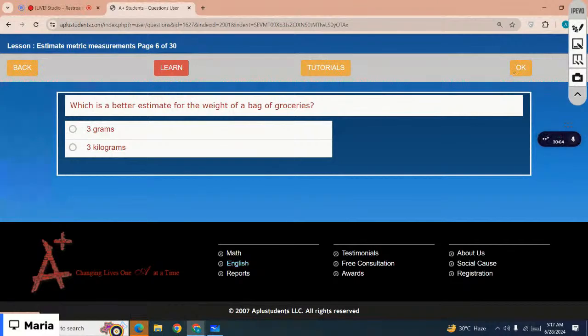Which is the correct option? The correct option is 3 kilograms. Option number two is the correct option.